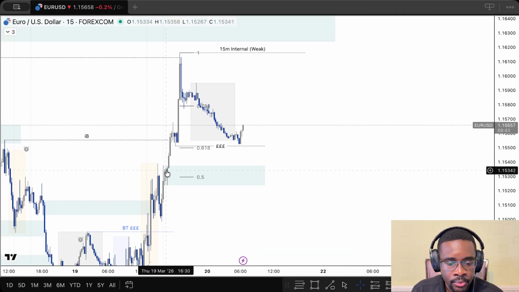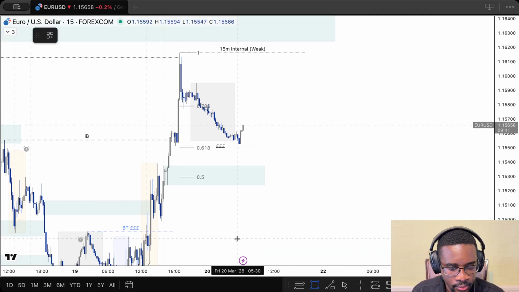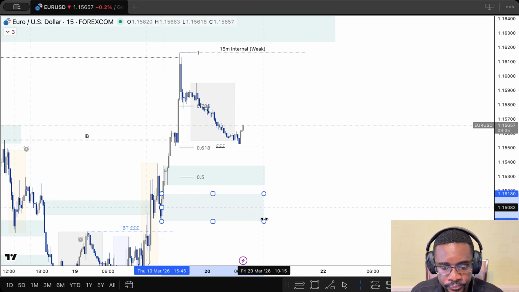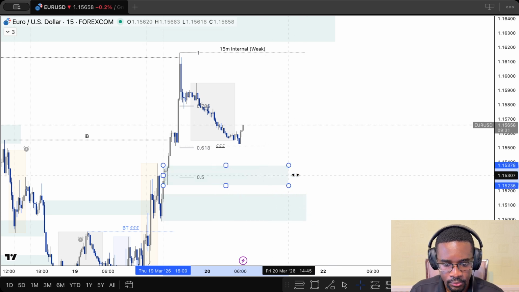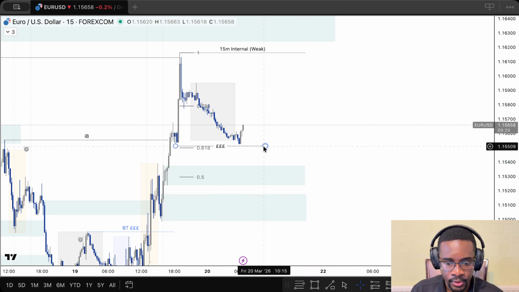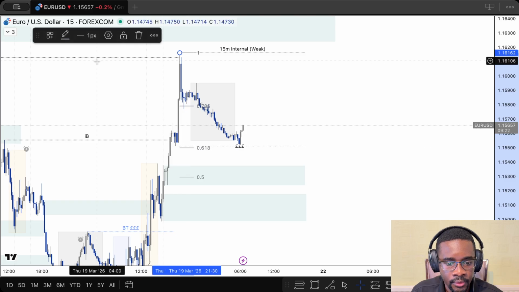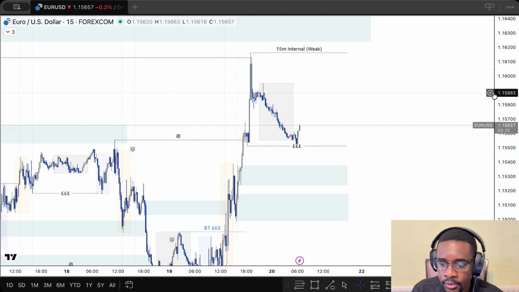Okay, and then maybe we mitigate into this, and then we have an even better area down there. Okay, so I'm gonna extend that like that. Okay, and then I'm just gonna remove that so that it is not messy.